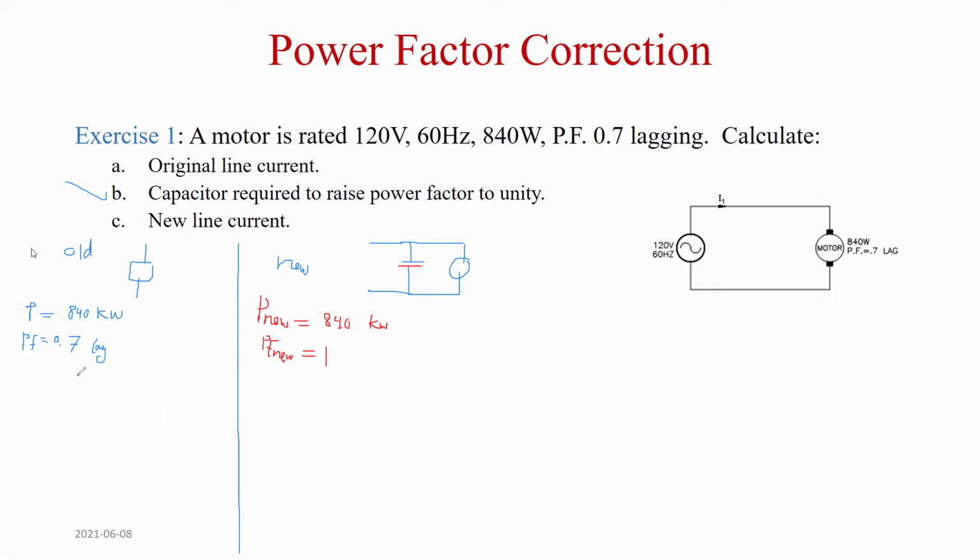So, steps. Now this is the first. We find S old. We find S new. So the same thing. It's P over power factor. Here 840 divided by 0.7.